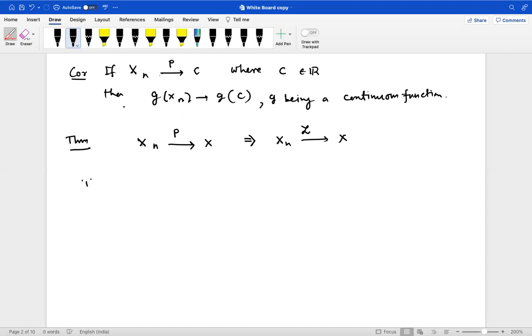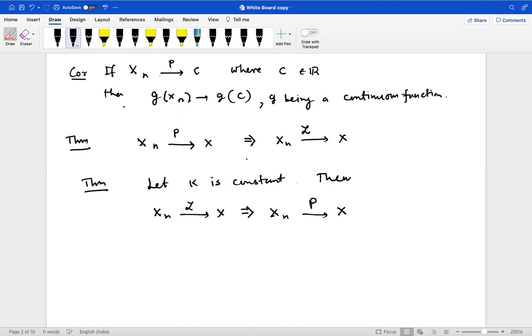So the next theorem is this. Let k be a constant. Then Xn tends to k in law implies that Xn tends to k in probability. So this is a sort of converse.